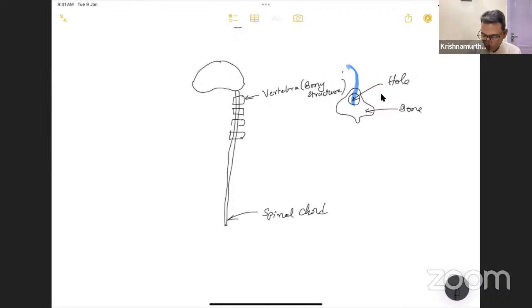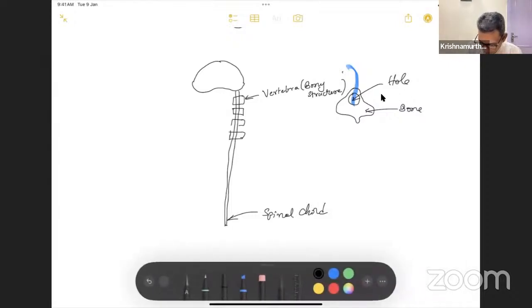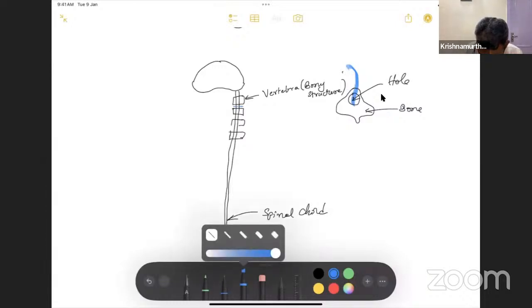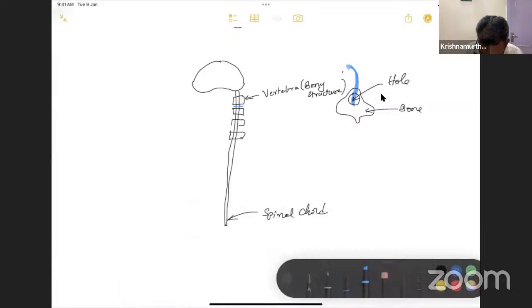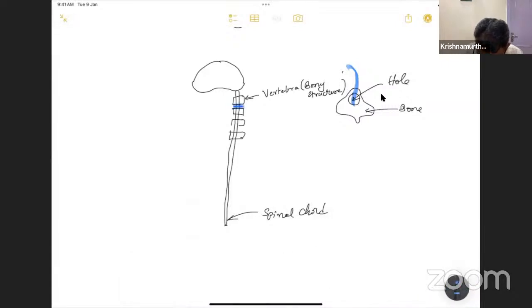And between two bones, there should be some cushion, otherwise there will be friction. So there is a cushion between these. There is a jelly-like cushion substance, which is called discs.